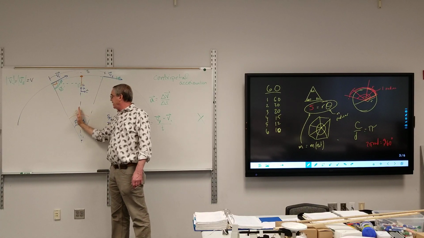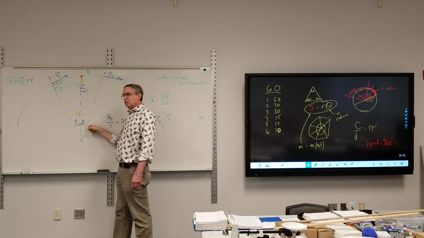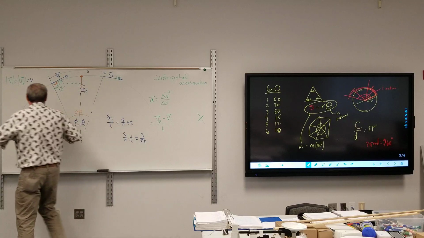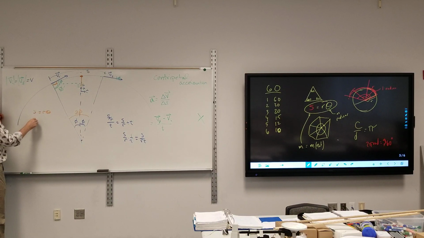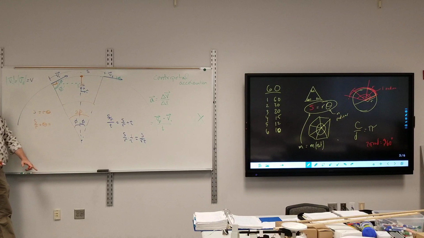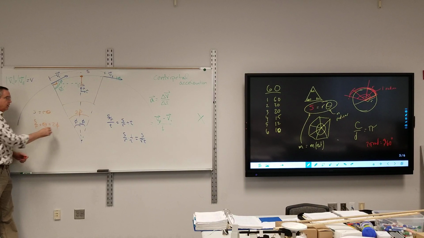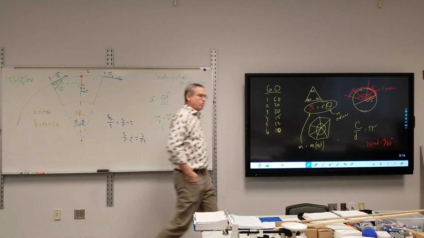I defined phi to be from the central point to here, and then central point to here. So 2 phi is the angle. If s is equal to r theta, then s over r would equal theta, the angle associated with that arc length, which is 2 phi. Okay. Other questions?